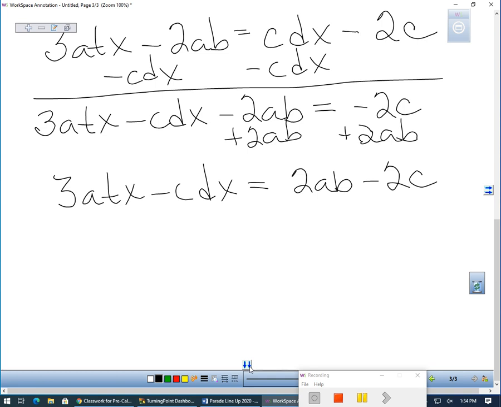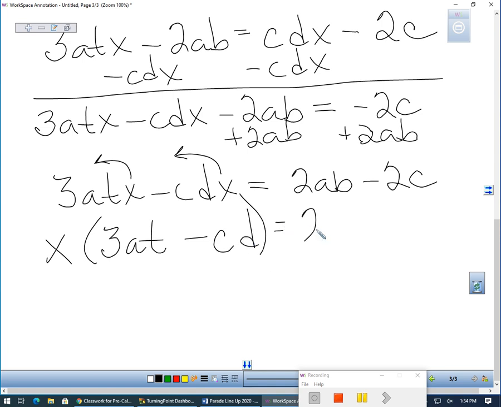Undistribute. Very good. We undistribute. We're going to take these x's and put it in front of a parenthesis. So we're going to have x, parentheses, 3at, minus, if I take an x out of this term, cd equals 2ab minus 2c. Now to get the x by itself, what are we going to do?